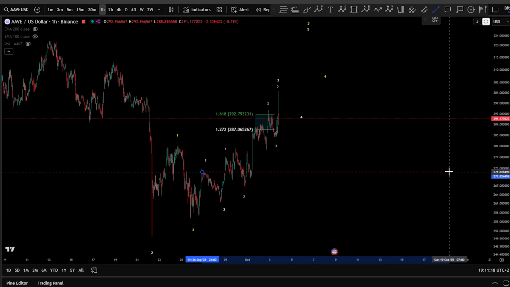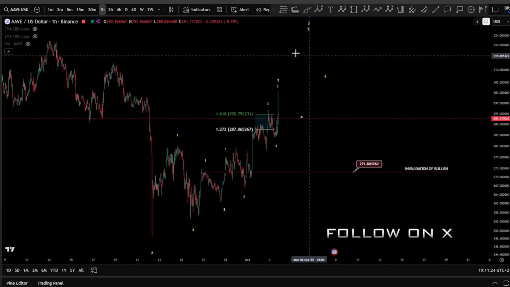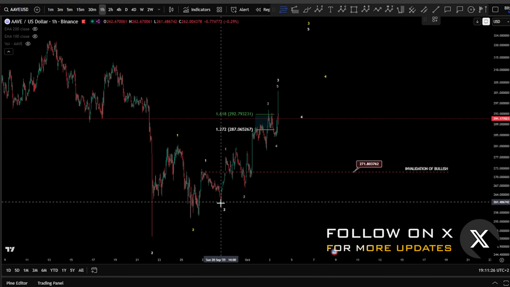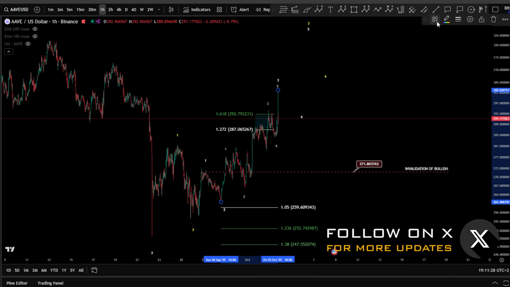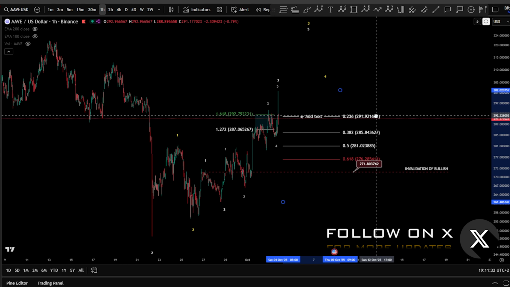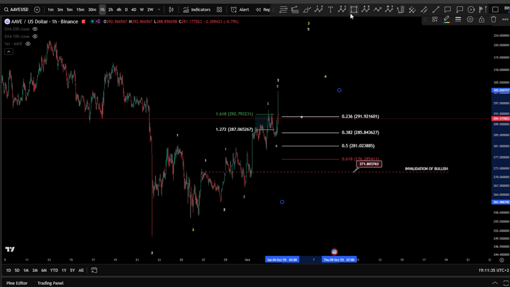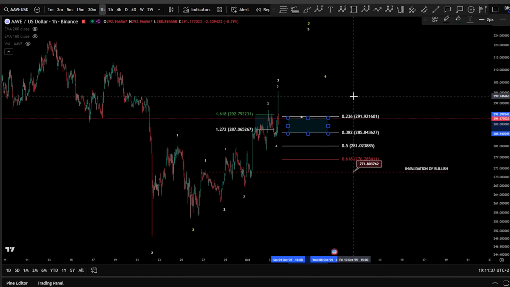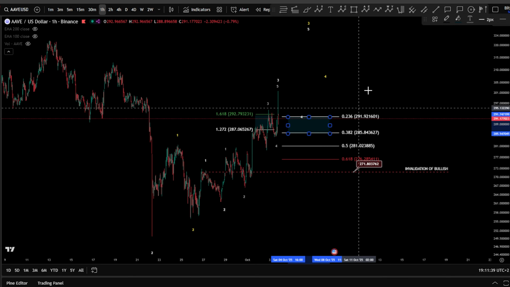It is still unfolding here, where you have invalidation for bullish over there right now, which is lower. And that means currently you're unfolding a wave 4 in the white scenario, which might have the following targets. Coming back to this area, the same blue box as the previous one, 291, 285.